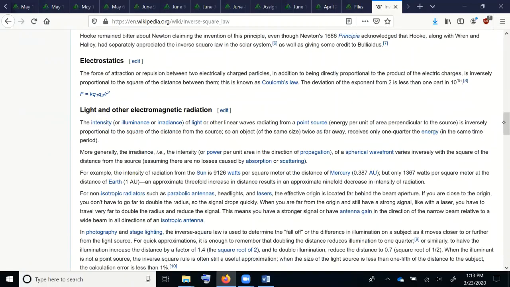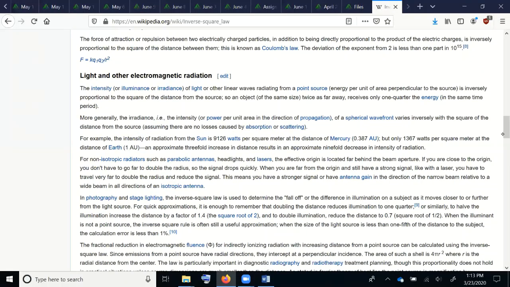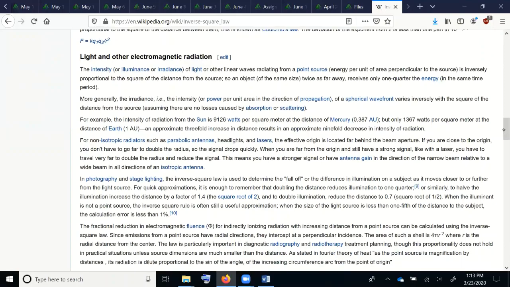It says this works for light, for example. As you move further and further away from the source of a light, the apparent brightness, the apparent intensity of the light that you perceive goes down, and it goes down according to inverse square law.